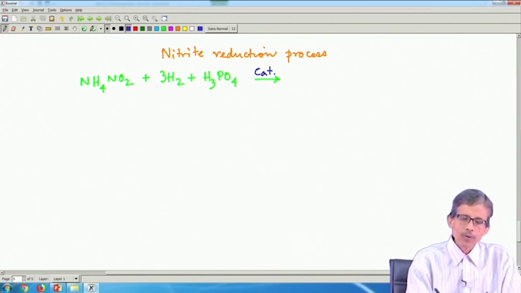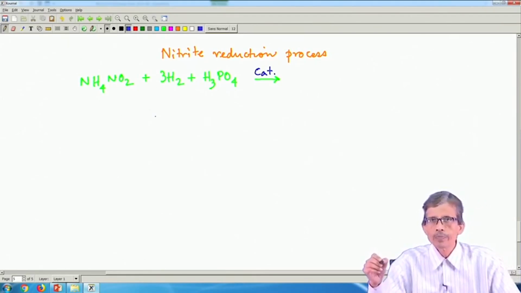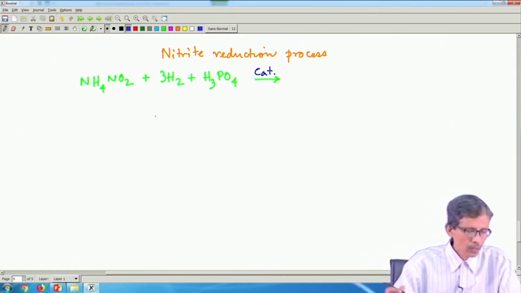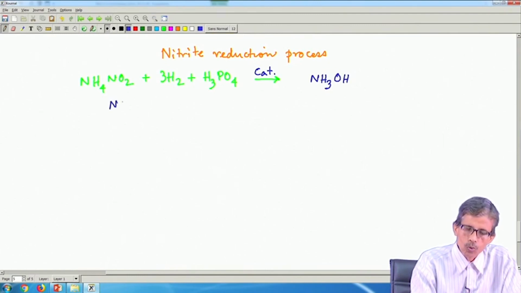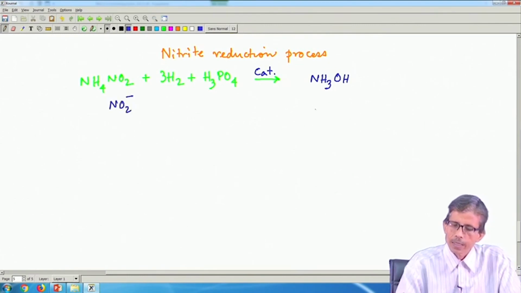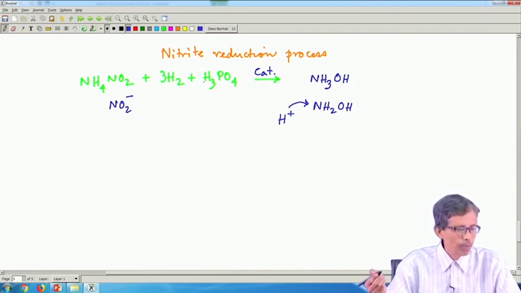So, NO2 minus will be reduced by elemental hydrogen, or hydrogen gas, and directly converted to NH2OH, which is further protonated by the phosphoric acid, giving rise to NH3OH plus.